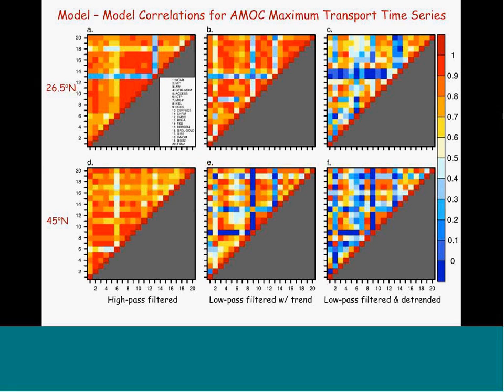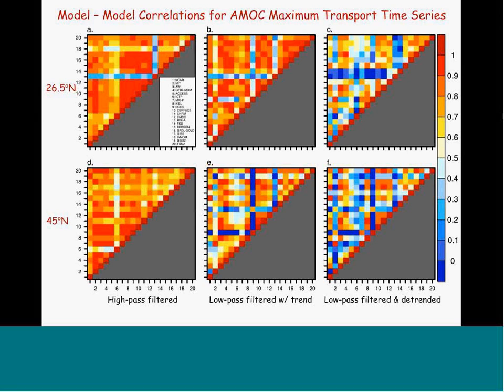These are correlations. In other words, when we force the models using the same forcing data sets, how well do they represent variability at various time scales? Again, the top panels show 26.5 and the bottom is 45 degrees north. The first panel is the high pass filter. If you look at those, we see quite a bit of correlation among models in their representation of high frequency variability, which is directly linked to momentum forcing. The exception is the data assimilation.